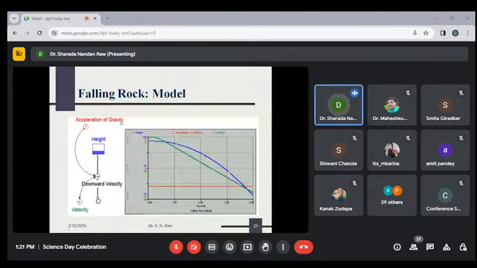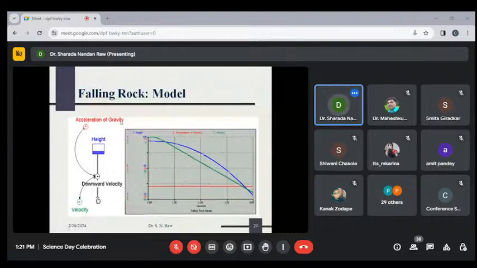So we can see that we are taking a screenshot of 3 discrete points. Initially, velocity v is equal to 0, height is 105, and acceleration is -10. Then after that, height is 65 and velocity is -20.